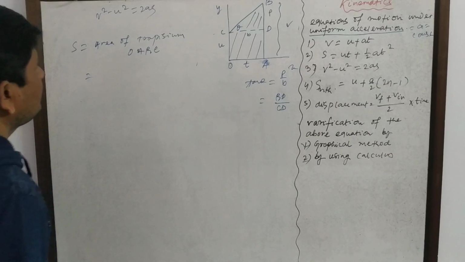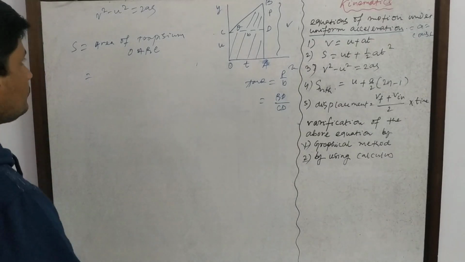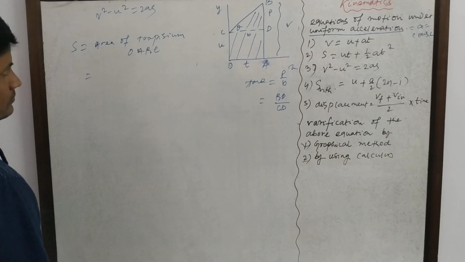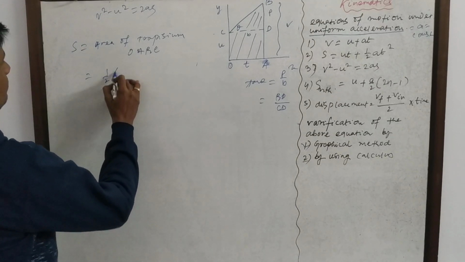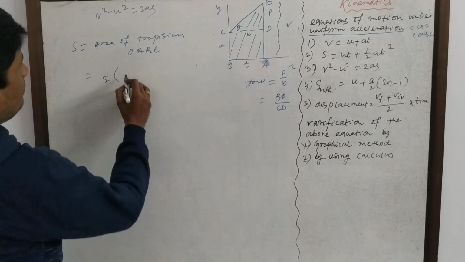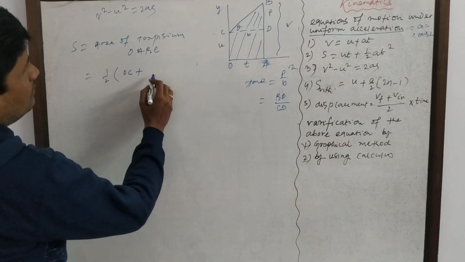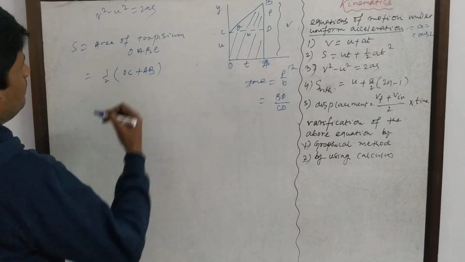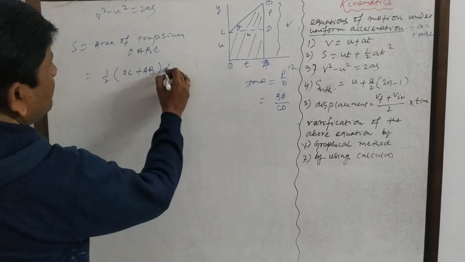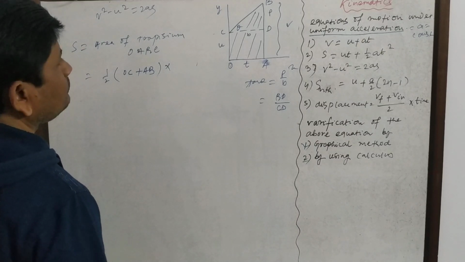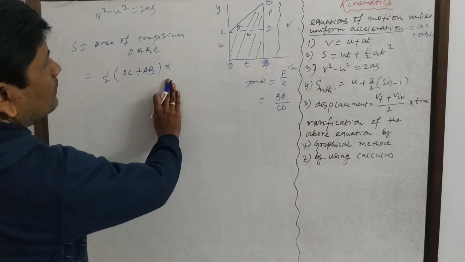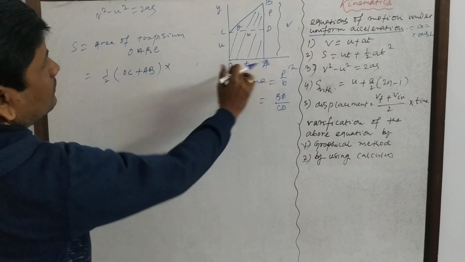We know that the area of a trapezium is equal to half the summation of the parallel sides OC plus AB into height, height means OA.